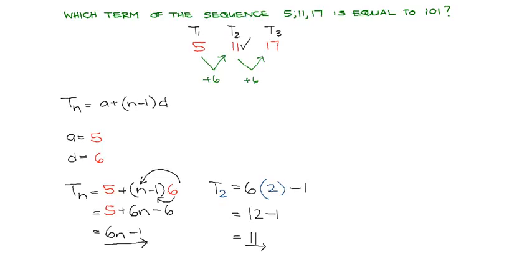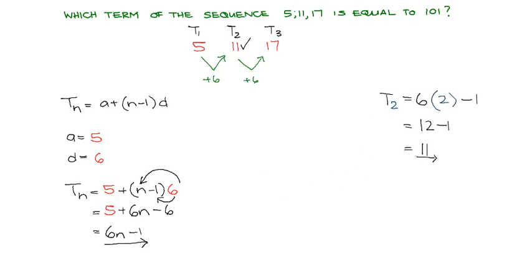Fantastic. So we've been doing this a couple of times already, and nothing has changed with this sequence, right? We've just gone ahead and calculated what our general nth term is, and we have tested that it works. Now, in the past, we would have basically said what term we're looking for, but this time we've got a value. So we're going to make our formula using our general nth term to find out where the position of 101 is going to be.